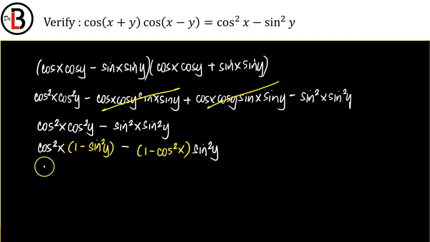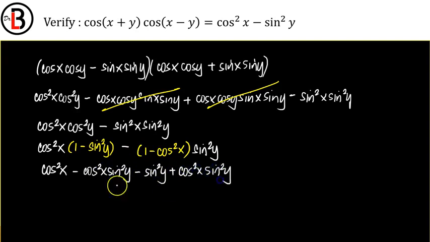So let's try distributing: cosine squared x minus cosine squared x sine squared y minus sine squared y. Minus minus gives us plus cosine squared x sine squared y. You'll notice that this one should cancel. You're only left with cosine squared x minus sine squared y, which is what you want to prove.